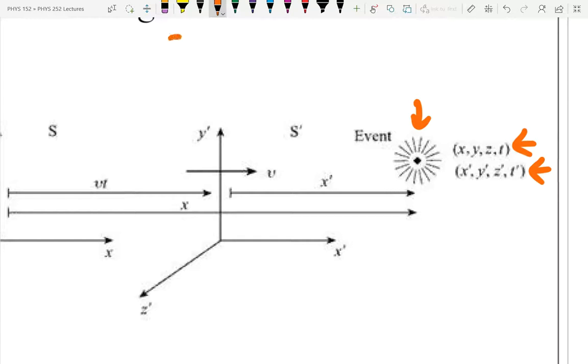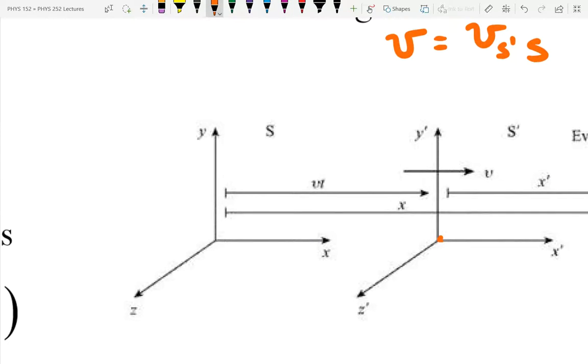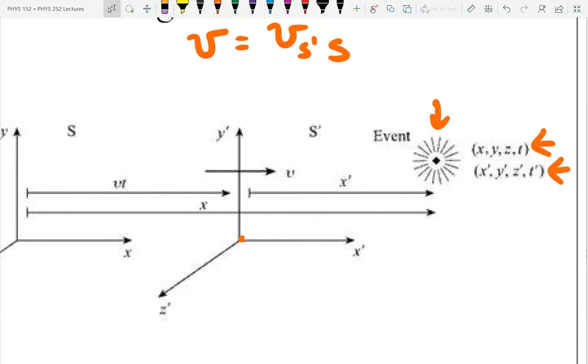So technically, v here is equal to the speed of the s prime reference frame with respect to the s reference frame. Right? So the speed that this reference frame with the prime is moving with respect to the s reference frame, and it's in the x direction to make our lives easy.